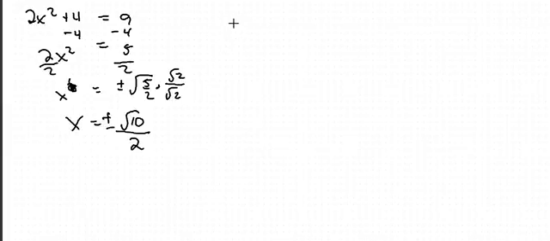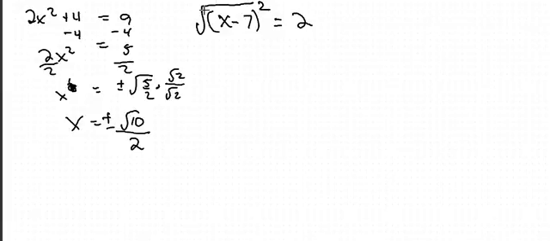So the next one is in parentheses x minus 7 squared equals 2. So first, would you square both sides? Square root both sides, right? Square root both sides.